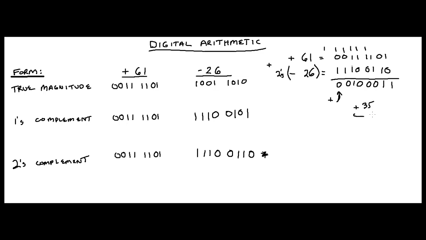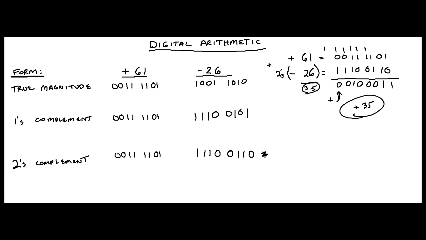It's a positive 35, right? Well, what's 61 minus 26? 11 minus 6 is a 5, right? 5 minus 2 is a 3. Hey, what do you know? It matched, didn't it?